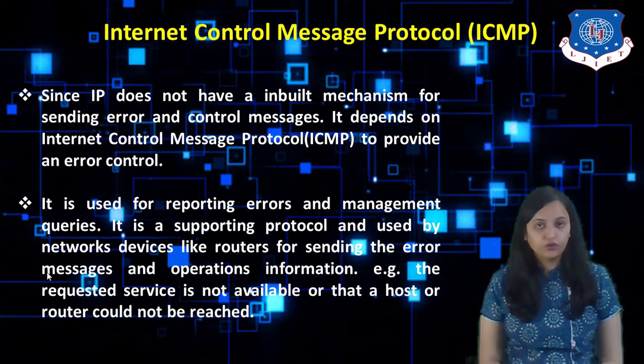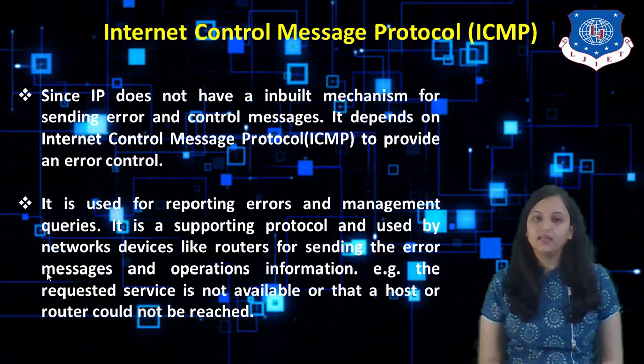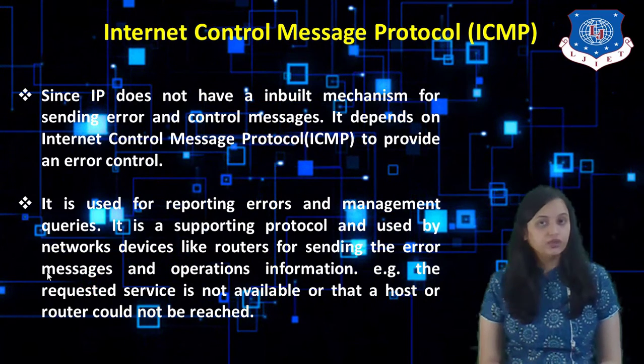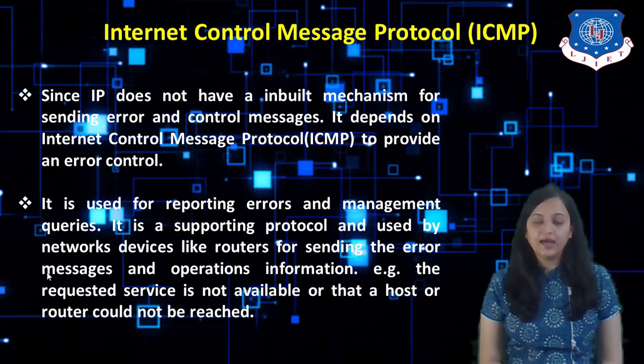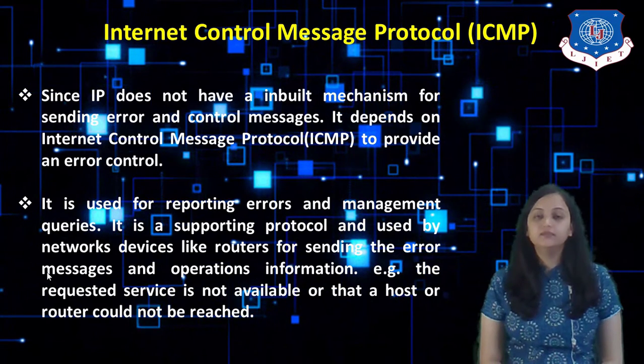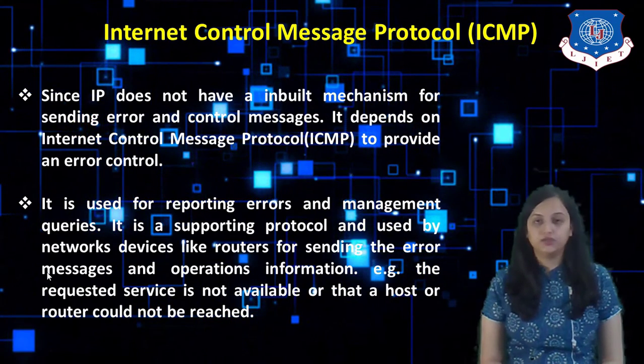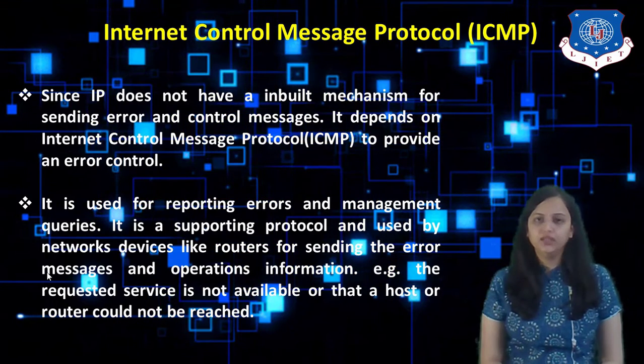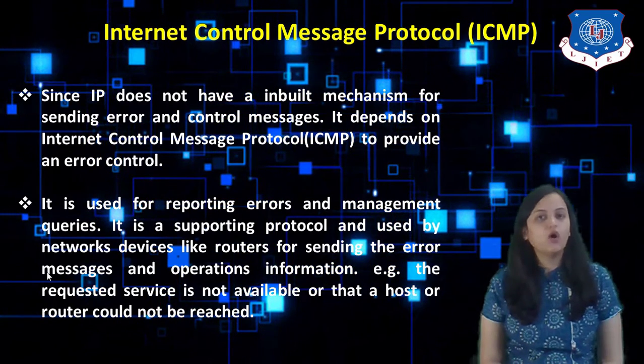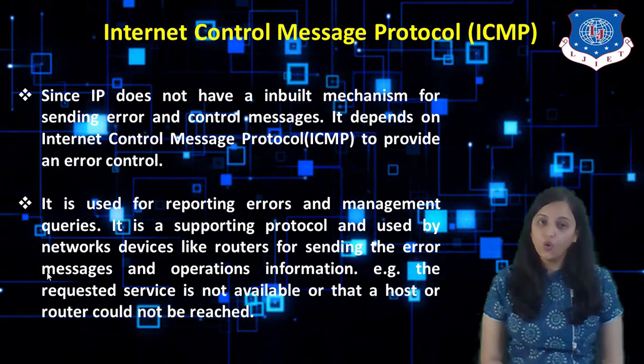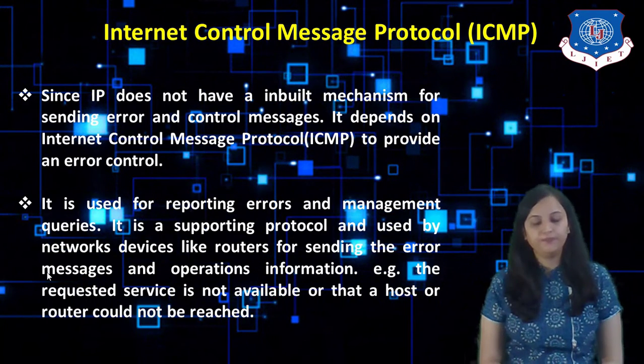It is a supporting protocol and it is used by network devices like routers for sending the error messages and operations information. For example, the requested service is not available or that a host or a router could not be reached.